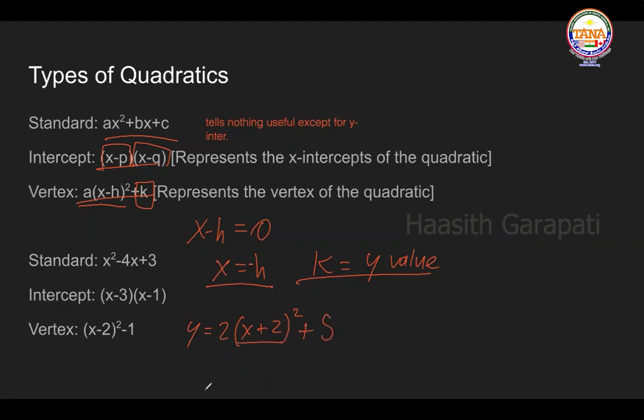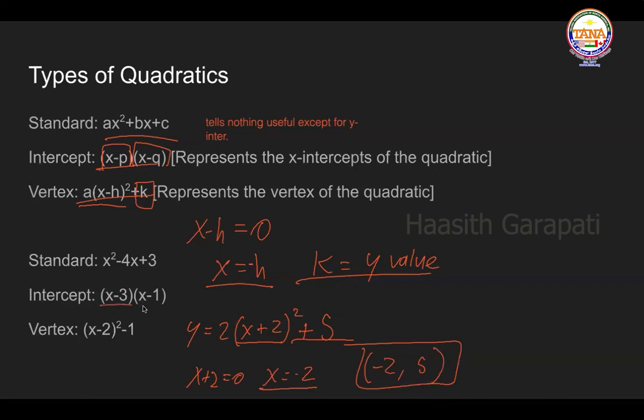What we do is we take the x plus 2, set that equal to 0, and we get x is equal to negative 2. That's going to be our x coordinate for the vertex. And then we simply take the plus 5. It's going to be our y value for the vertex. And then our vertex, we simply know is going to be negative 2 comma 5. Honestly, pretty easy to determine the vertex.